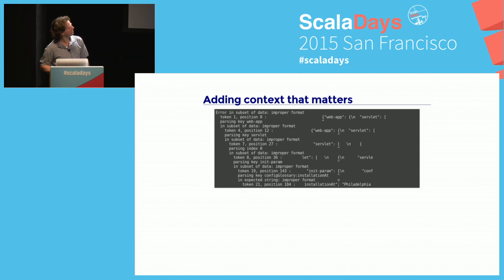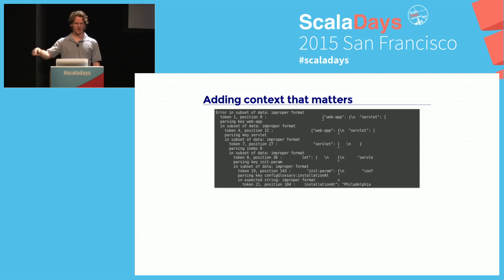At the very bottom it says, okay, look, this semicolon is wrong. And look, it's inside this object. Here's where the object starts. And it's inside this object. And look, it's inside this array. And look, it's inside this object. It just steps through, because this is what you asked it to do.